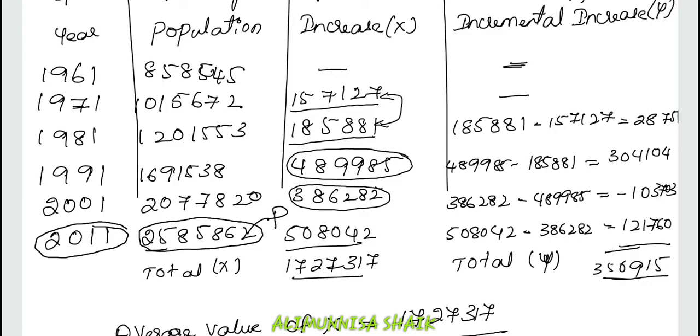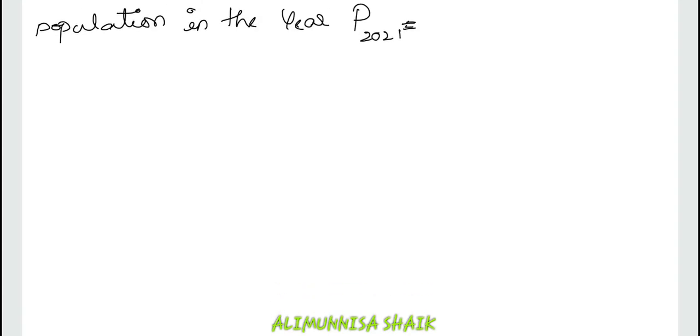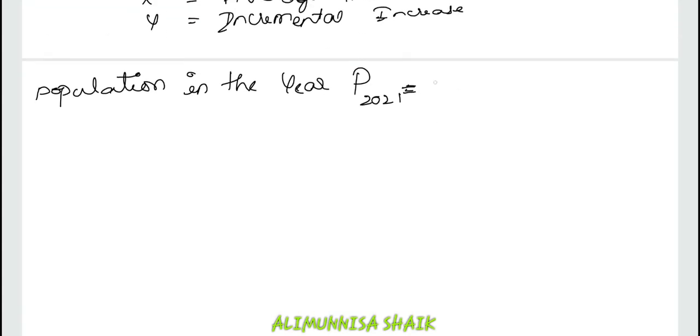Now let us take this term and let us write it over here. P is 2585862 plus N. N is for the first decade.